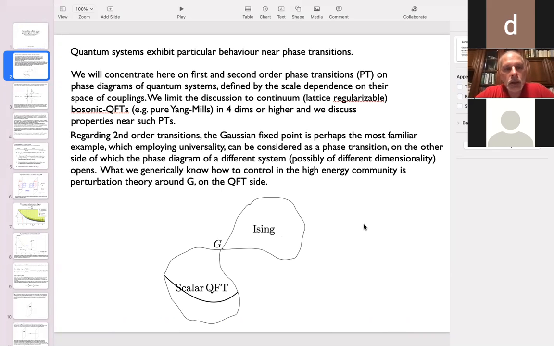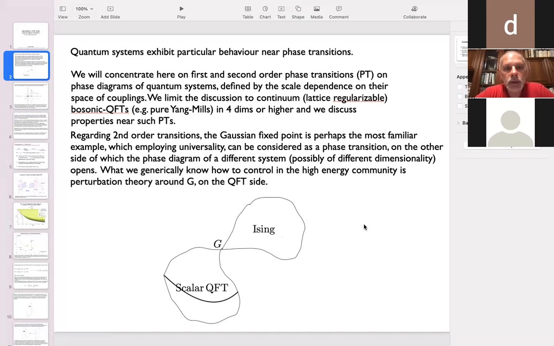Now, in a quantum field theory, since I will be discussing systems which are not in the, let's say, condensed matter world, but in the high energy theory or particle physics world, I will be talking about mostly quantum field theories in 4 dimensions or higher.